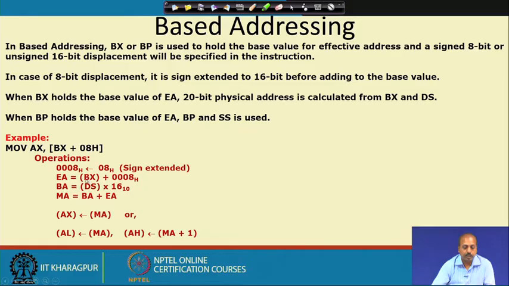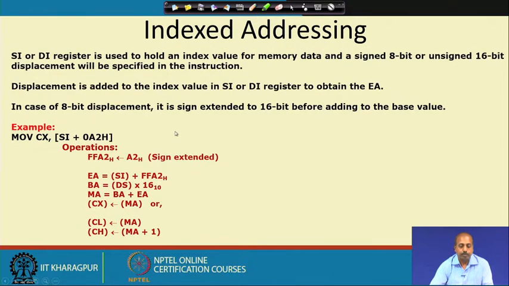So, BX plus 0008 hex gives the effective address, the base address is DS into 16, and the actual memory address is MA equals BA plus EA. Then the AX register gets the content of memory MA. This way the base register BX is used for based addressing.